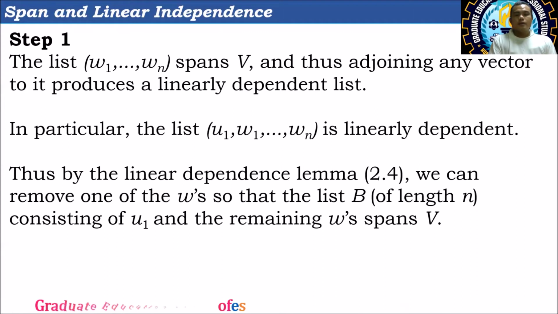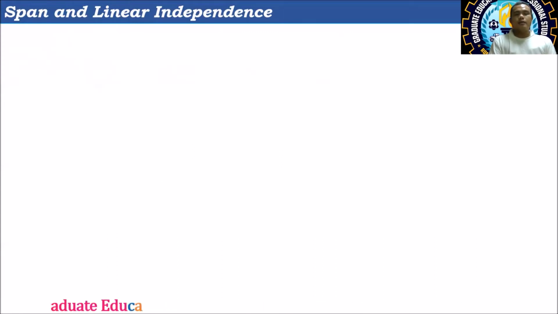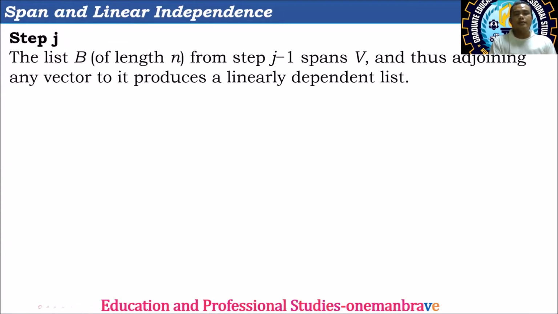So, next step: we have the list B of length n from step j minus 1 that spans V, and thus adjoining any vector to it produces a linearly dependent list. If they were linearly independent, all the coefficients should be equal to 0. But here, a dependent list comes out.